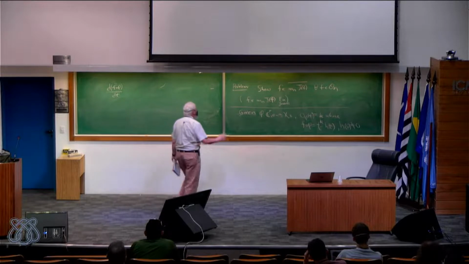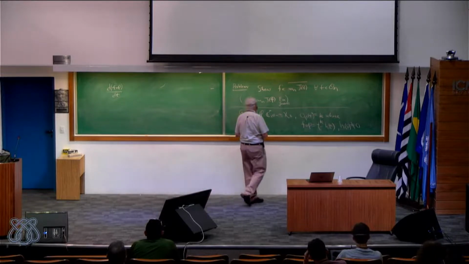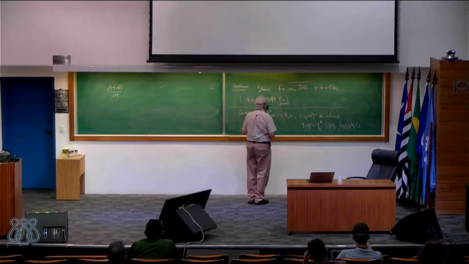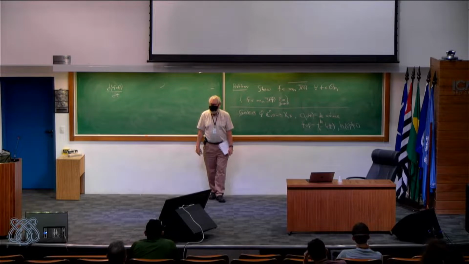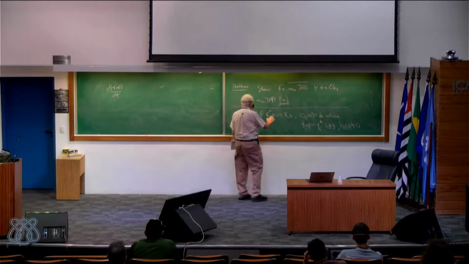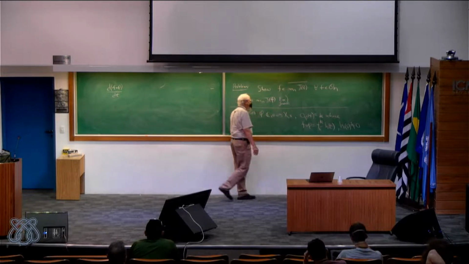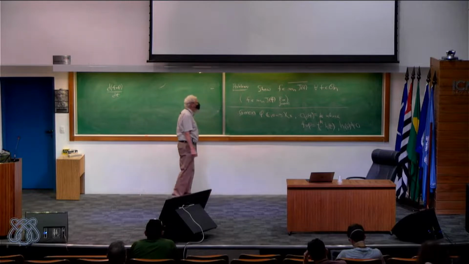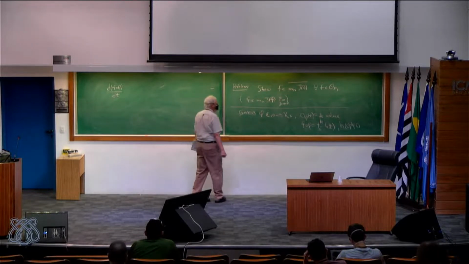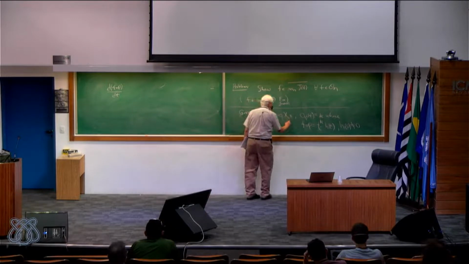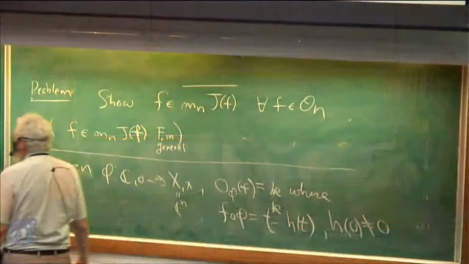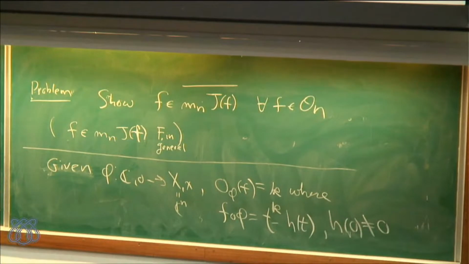Oh, yeah, in this example, you're right. I was trying to do a general definition, but we can put C. Yes, phi goes from C to X. In this case, X is C^n.